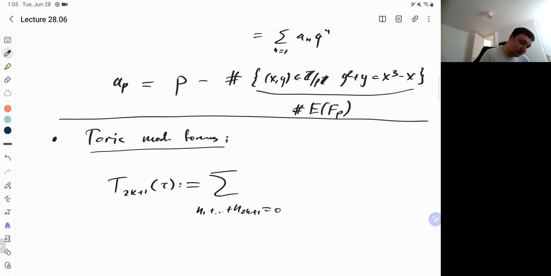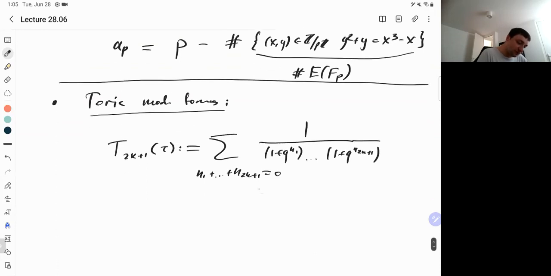You take just this combinatorial series. And it turns out there is an elementary proof and then there is a very highbrow proof, but this is a modular form of weight 2k on Gamma_0(2).